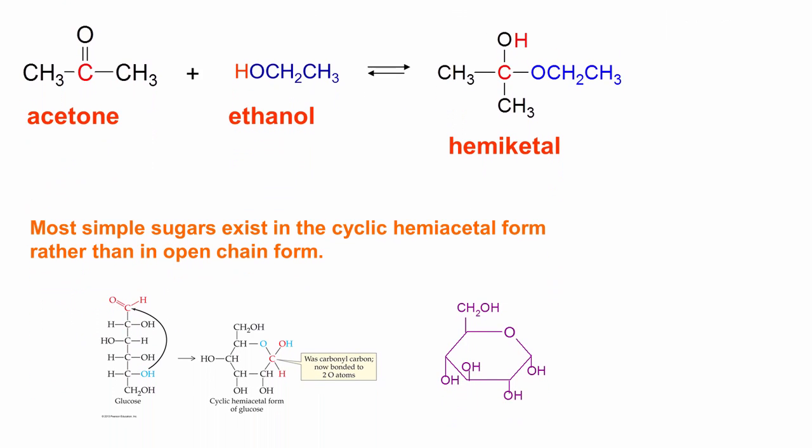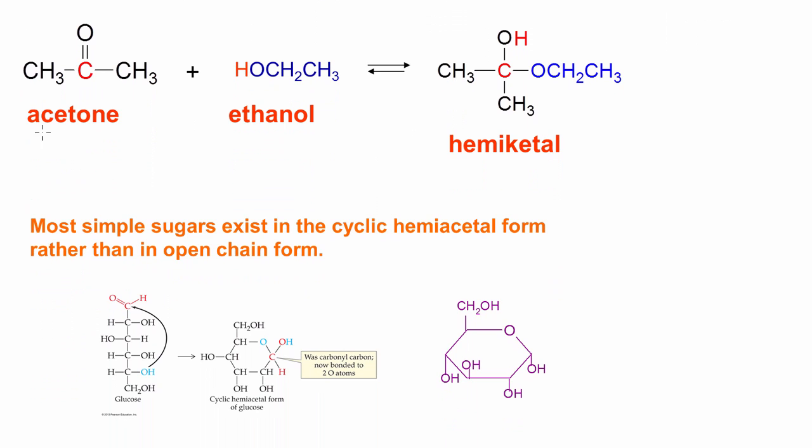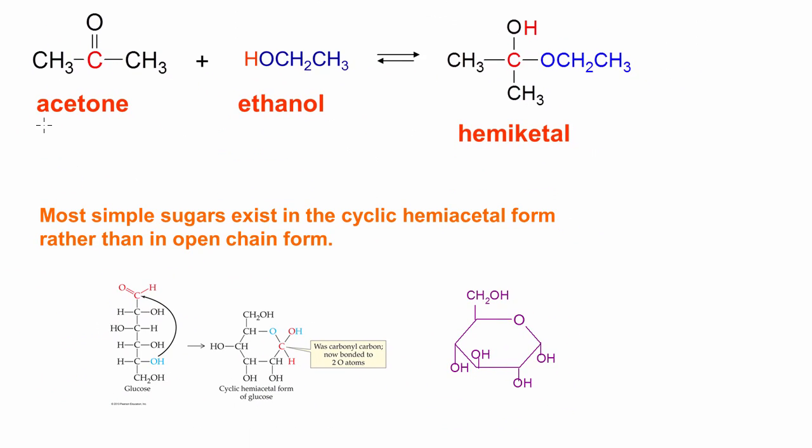Here we have a ketone, acetone, and we react that with ethanol. Again, this carbon-oxygen double bond is going to partially break. The bond between the hydrogen and the oxygen is also going to break.